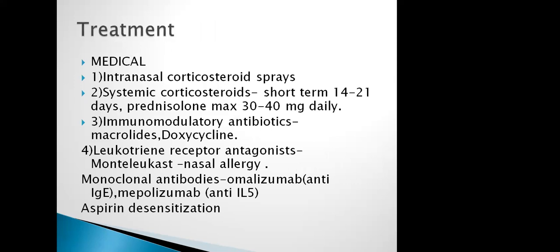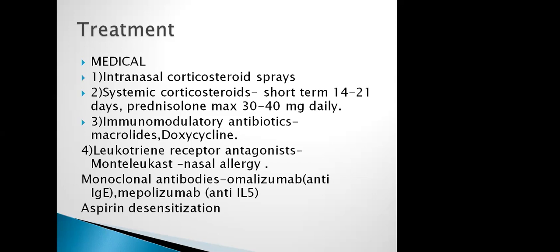For management of chronic rhinosinusitis, intranasal corticosteroid sprays can be used, as the systemic absorption is lower and safer than systemic corticosteroids. A short course of systemic corticosteroids can be given, like 14 to 21 days, prednisolone reaching a maximum dose of 30 to 40 mg per day.